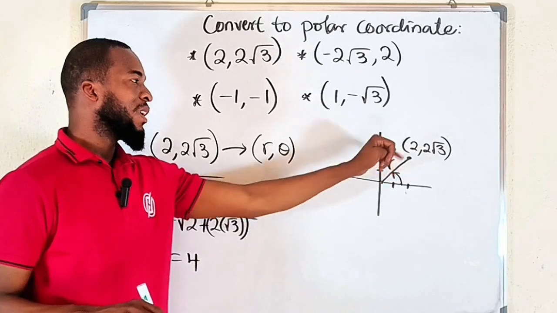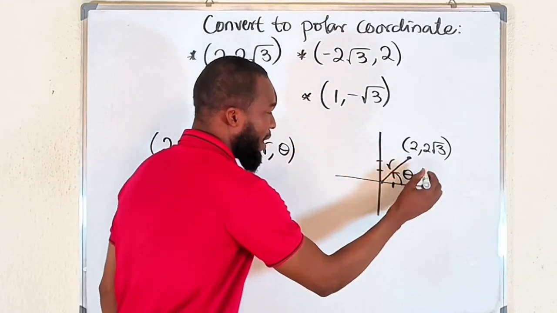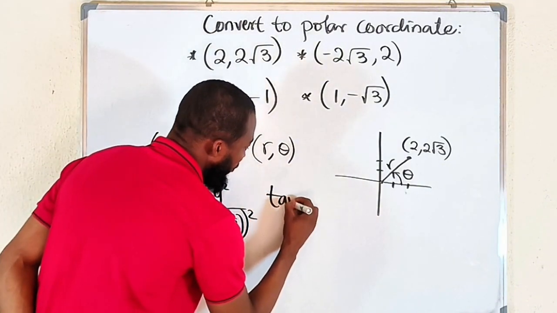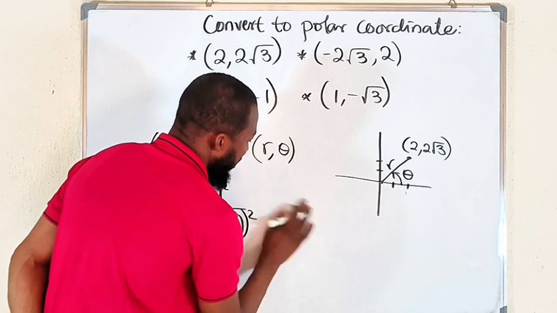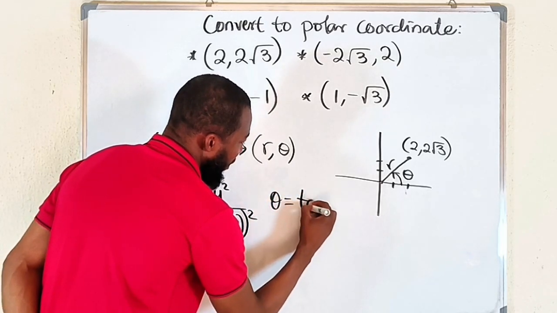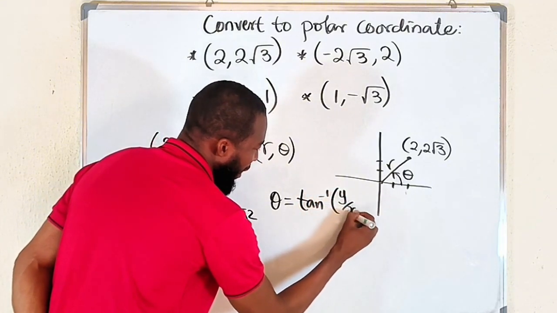Then what about the angle, which is this particular angle here, theta? Let me write it like this. Theta is equal to tan inverse of y divided by x.